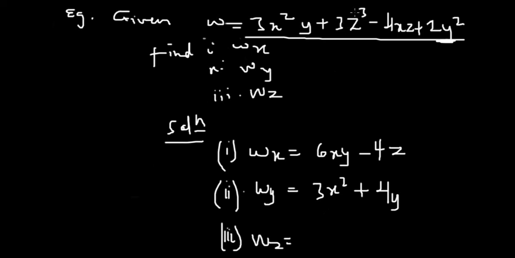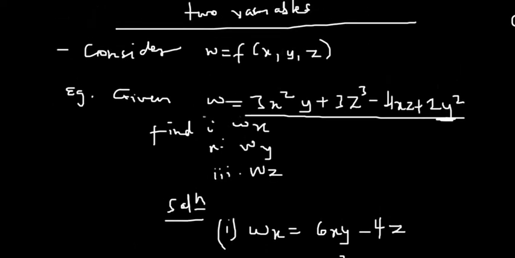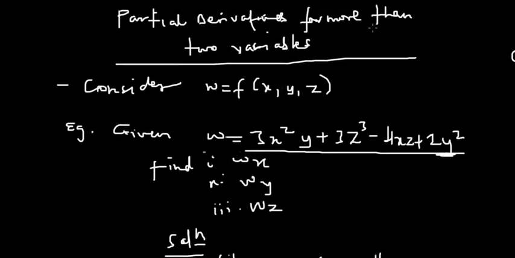So we have 9z squared, and then we have minus 4x. So this goes to 0, because 3 by 3 is 9. So this is how you partially differentiate with respect to two variables, and then more than two variables.